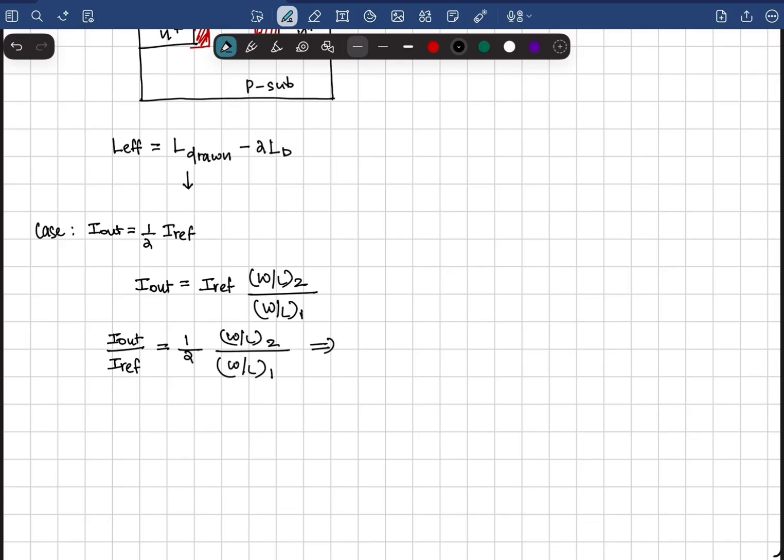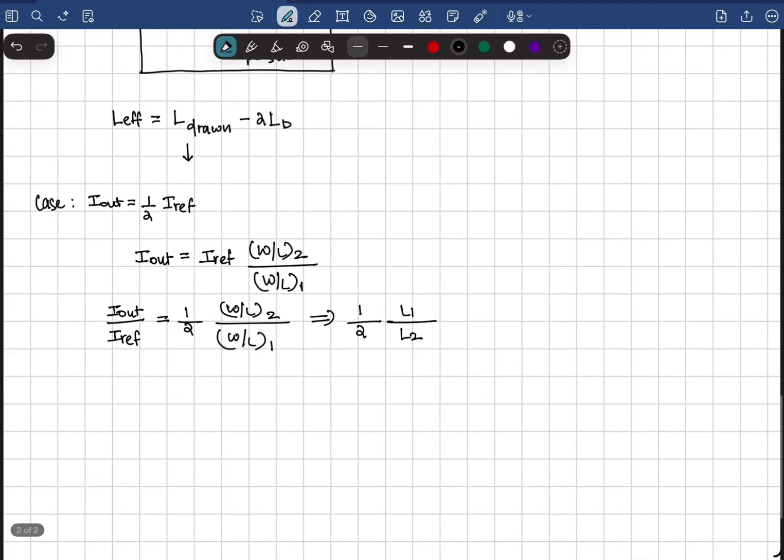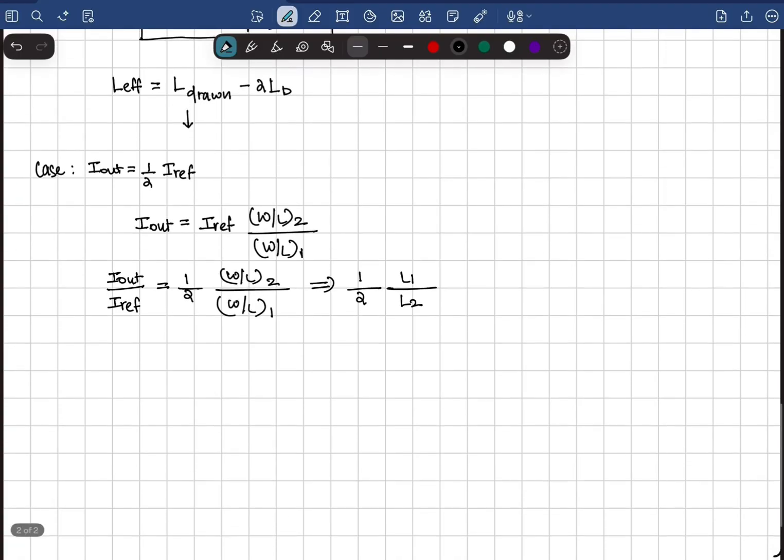If I keep the widths constant, it should be L1 divided by L2, which is half. So according to this formula, I can just double the length of MOSFET 2, but that will not work because let's plug the effective length formula into this equation.